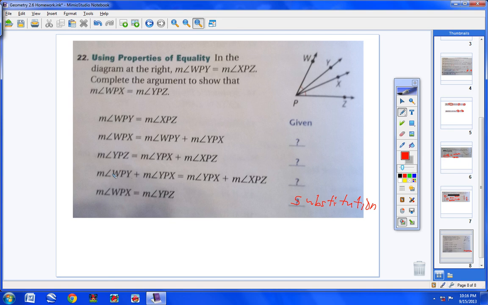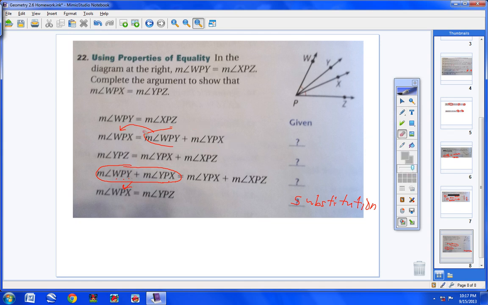WPX, right here. WPY, YPX. Look right here. WPY, YPX. What does all of that equal? It equals WPX. So what can you substitute for this whole thing right here? Yep, you guessed it, WPX.